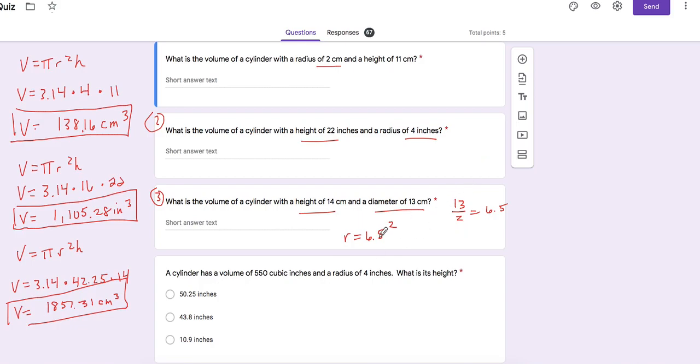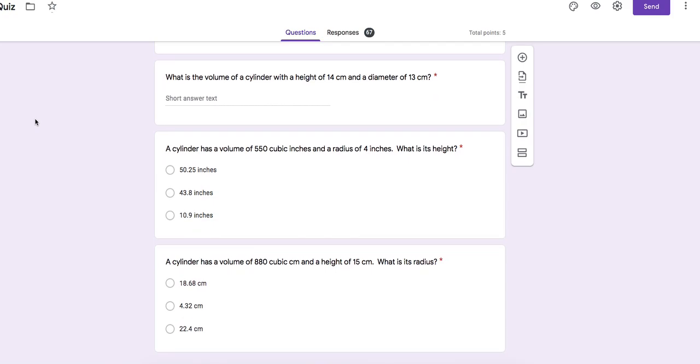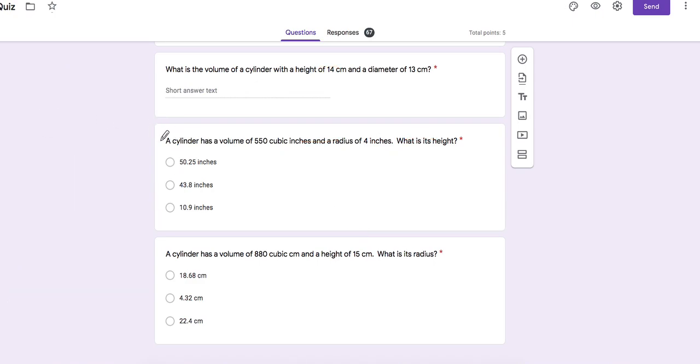All right, next one. Let's scroll down a little bit here. This one's number 4. Volume equals pi r squared times the height. This one's a little different in the sense that you know the volume and you know the radius. So the volume is 550 equals 3.14 times 16 times the height.